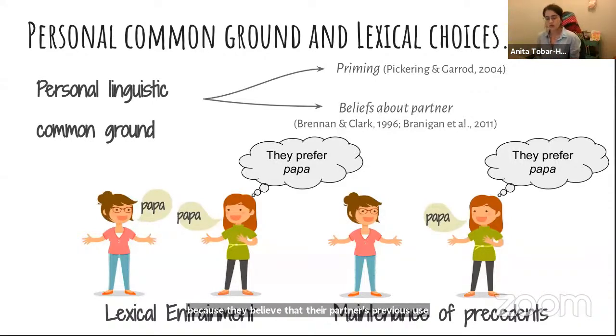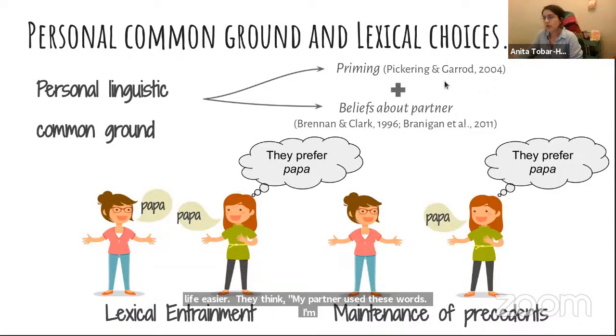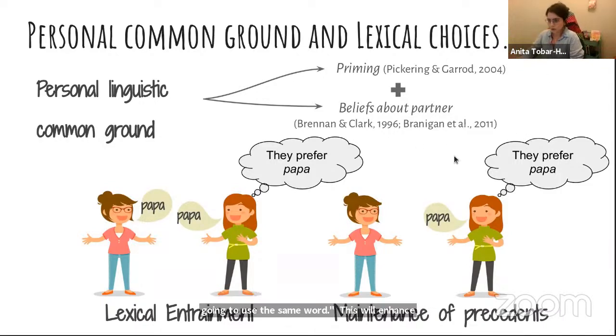So they engage in audience design and decide to use the same word because it makes life easier, basically, right? So they think, well, this partner used this word, so I'm going to use the same word, and this will enhance communication. And of course, these two accounts are not mutually exclusive. They can work together in influencing how speakers make lexical choices during dialogue.